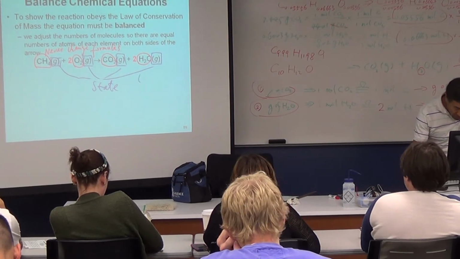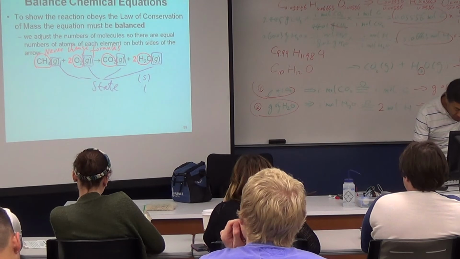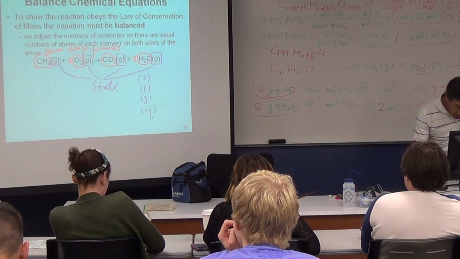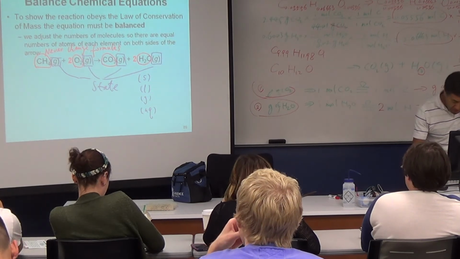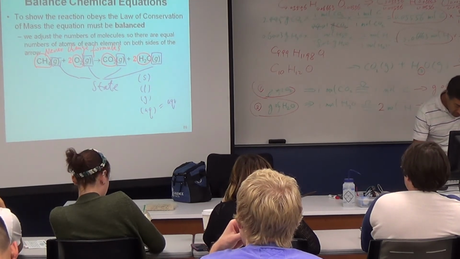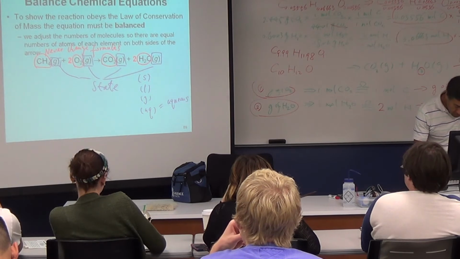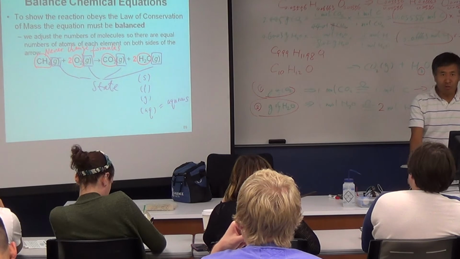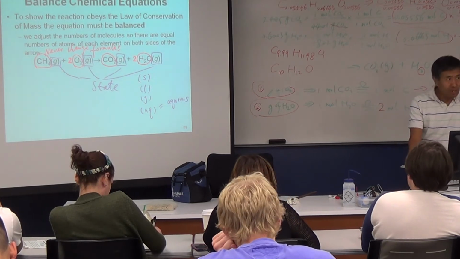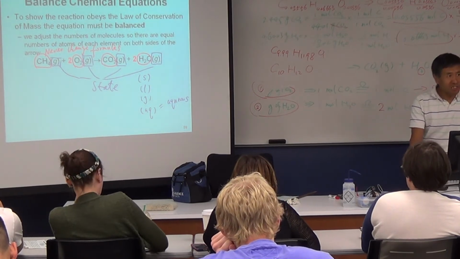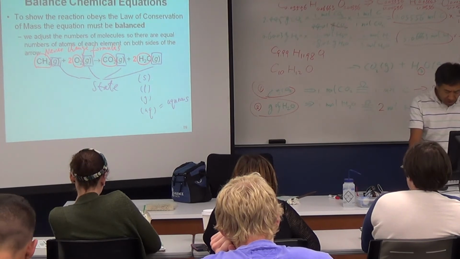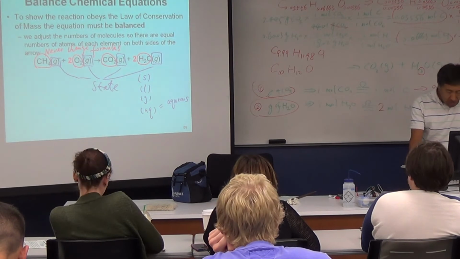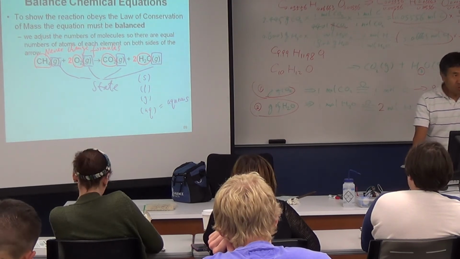Sometimes we'll see this, and again we'll see this. This stands for aqueous, which means the compound is dissolved in water. Now, what does S stand for? Solid, and L, liquid, and G, gas. So remember those terminologies.